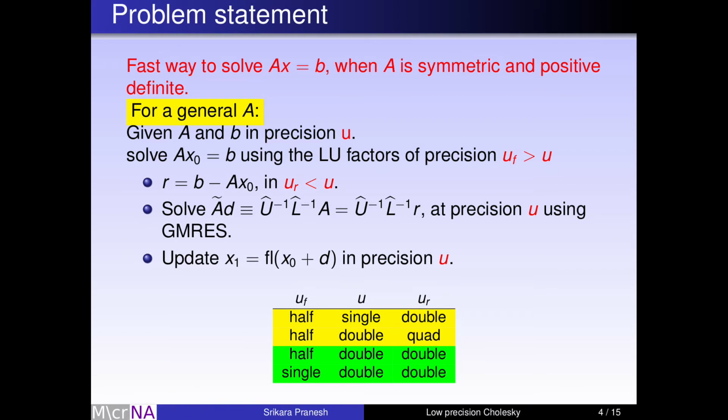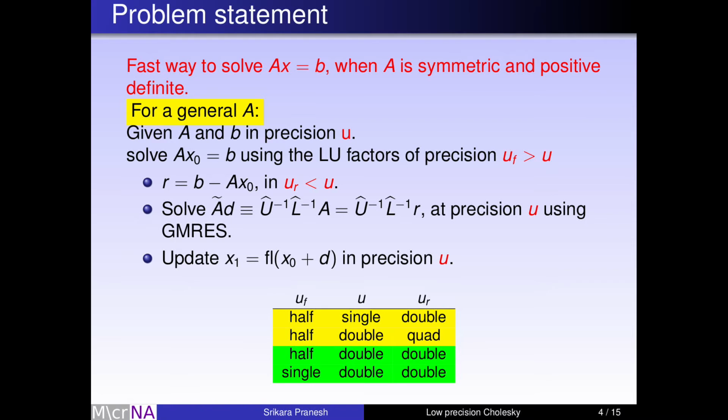Many of you might have heard about it, but for the sake of completeness, I'll brush through what it is. It's a variant of the classical iterative refinement, but with two stark differences: you can use low precision floating point formats, and the correction equation is solved using GMRES.